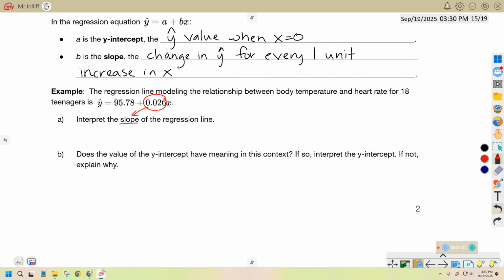And we have to interpret what that means. We're going to use the definition for slope as our sentence frame. I'm going to do it backwards. I'm going to start here first, and then go backwards. So for every unit change in x, what happens to y? So for every one, and then I have to think, we had body temperature and heart rate.